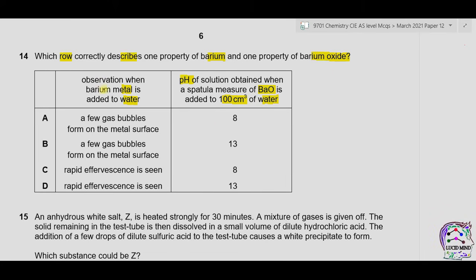Now barium is a group 2 member, and as group 2 consists of all metals, the reactivity of group 2 increases from top to bottom. This is because the number of shells increases and it is easier to lose electrons at the bottom as compared to the elements at the top. So when barium is added to water, it forms barium hydroxide along with hydrogen gas.